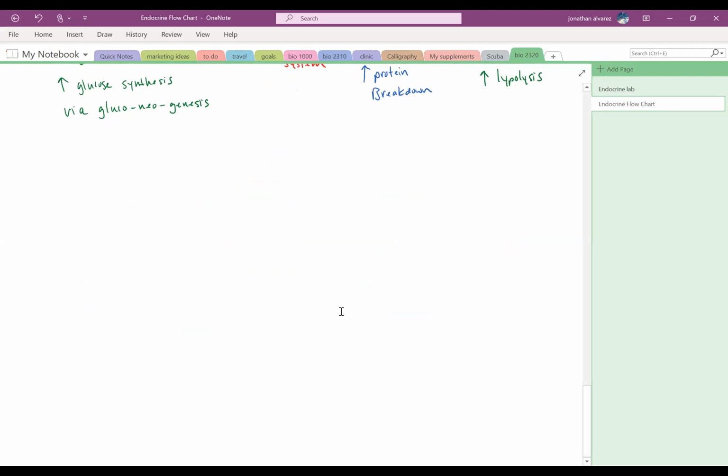Some other hormones. Let's do calcitonin.